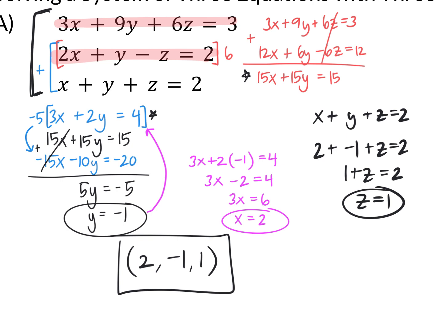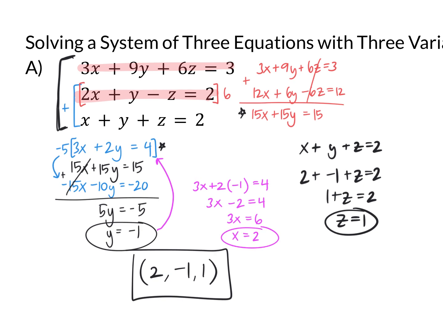Now again, I'm just going to go back and make sure we're all on the same page here with where I got this stuff from. You start out by choosing whatever your favorite variable is, whatever you want to get rid of first, right? So I saw that these z's were opposites of each other already. So I was like, I'm going to add these 2 equations together. Okay? Then I was like, well, I've got to get rid of the z's from the top equation as well so that I can have 2 equations to solve for x and y.